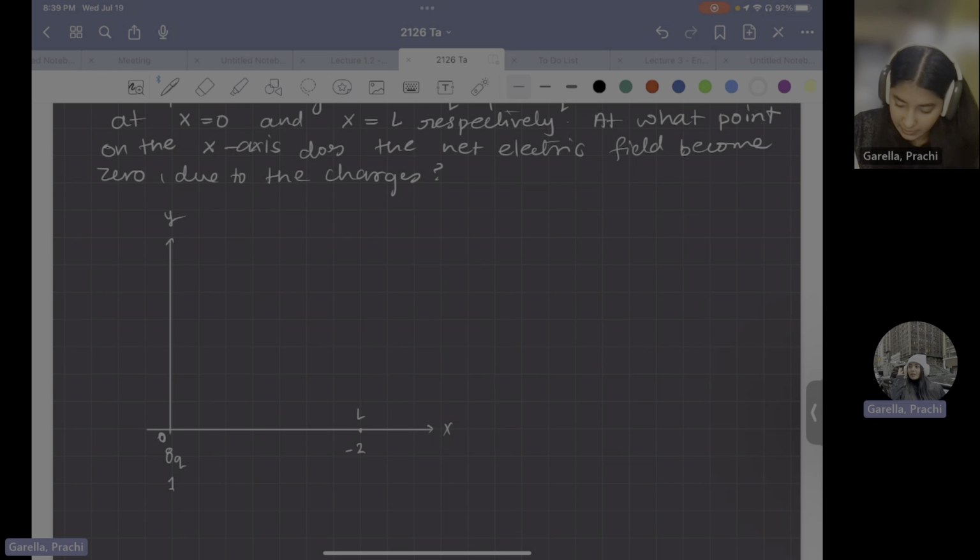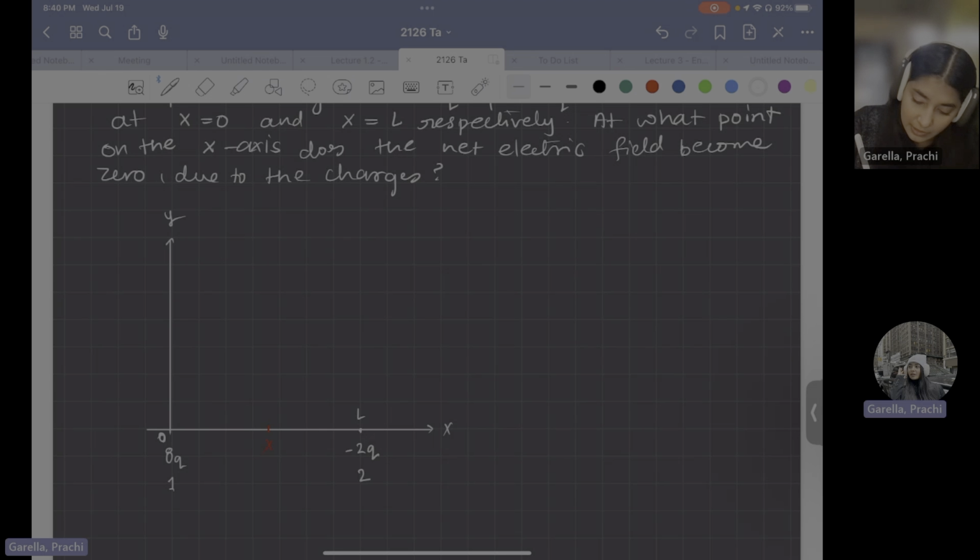And this is minus 2q. Let's call it 2. Now we have to find at what point the net field becomes 0. So let's assume that is some point x distance from the origin. At this point, the fields from both charges will be equal, and since one is negative and one is positive, the net electric field will be 0.